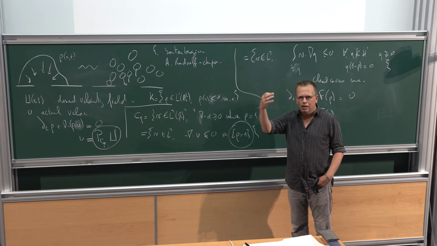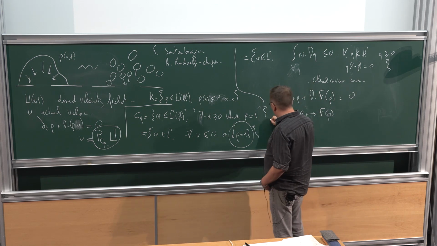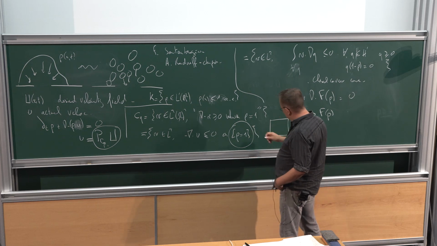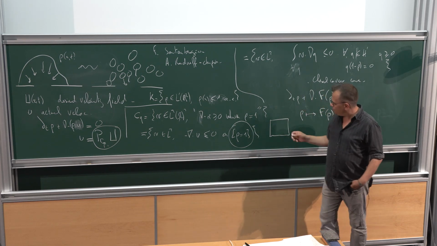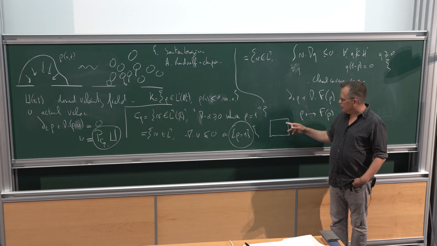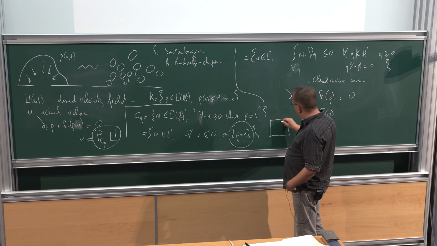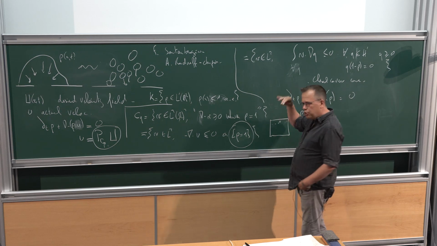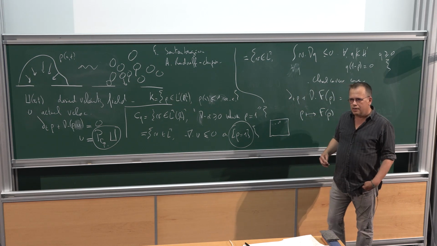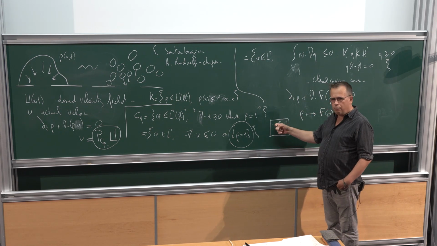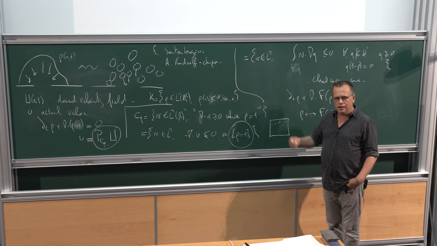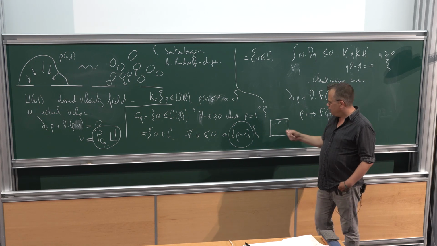I don't know if you know this kind of counter example, but they are awful to write properly. You enumerate a dense subset in, for example, this square, and you put small balls with decreasing radii in such a way that the total measure of those balls is very small.